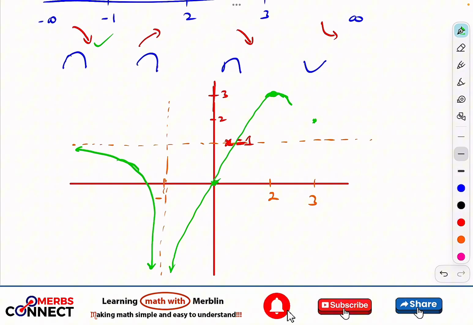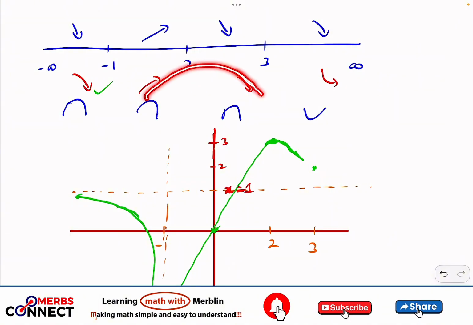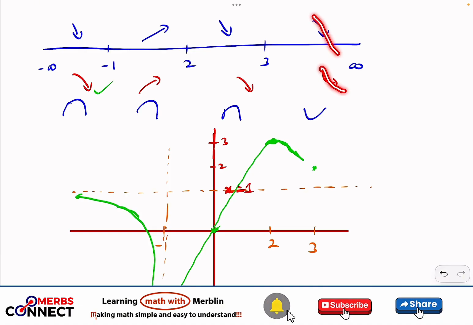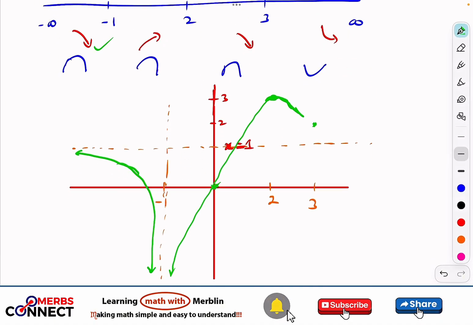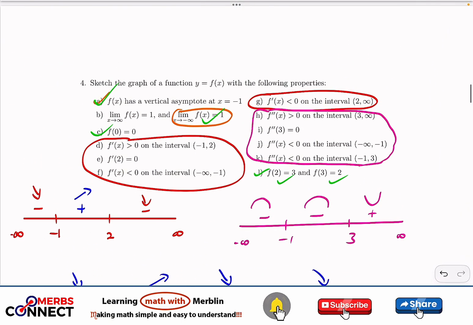After 2 we start decreasing. As we start decreasing here, the function will continue to decrease, right? It will just be decreasing. But we also see that as x is approaching positive infinity, we need to be approaching 1.